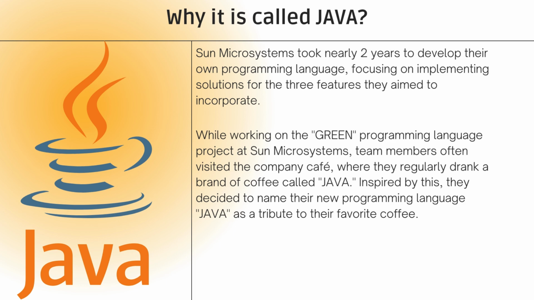Java is a place in Indonesia known for its coffee. They make coffee powder called Java. So this Java coffee was used at Sun Microsystems. Everyone decided to give the same coffee name to the new programming language. So that's how it's named Java.